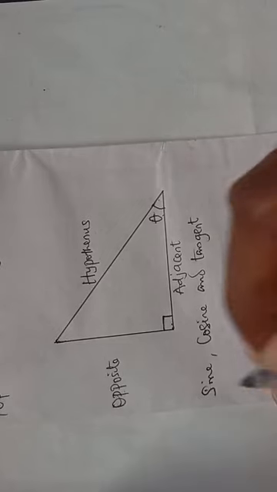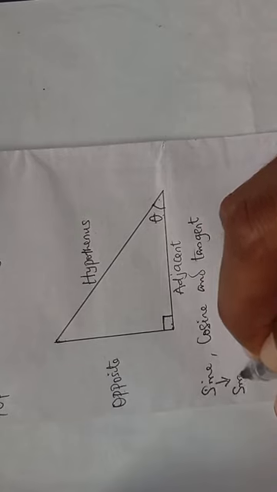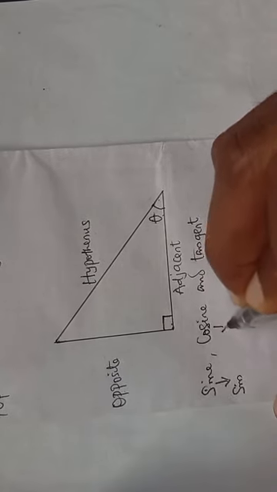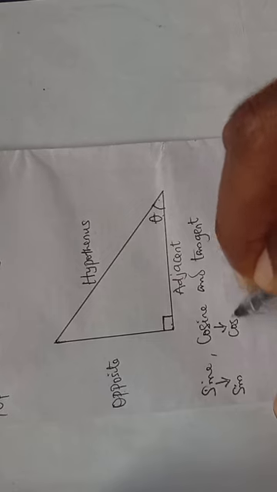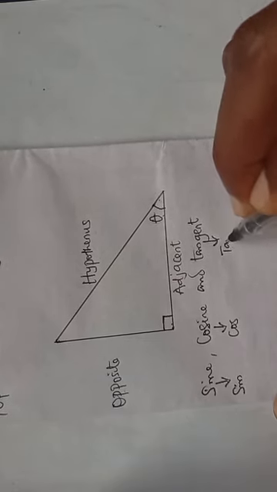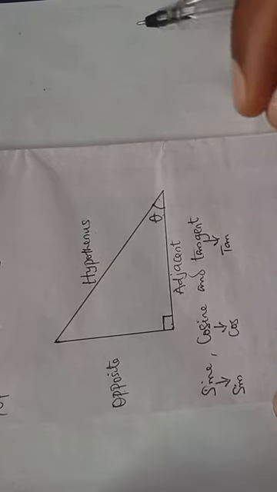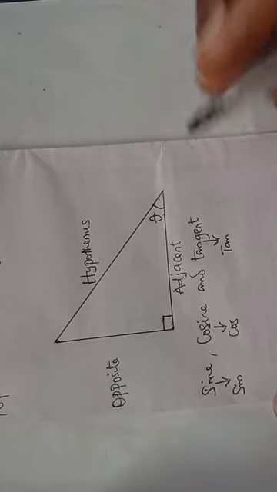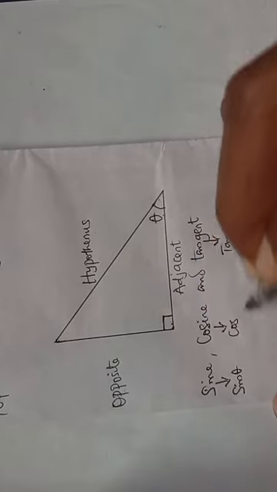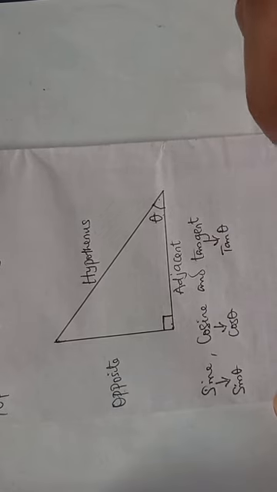In abbreviation, this is written as sin, this as cos, and this as tan. Now, when an angle is referenced, you can have sine theta, cos theta, and tan theta. Is that okay? Good.